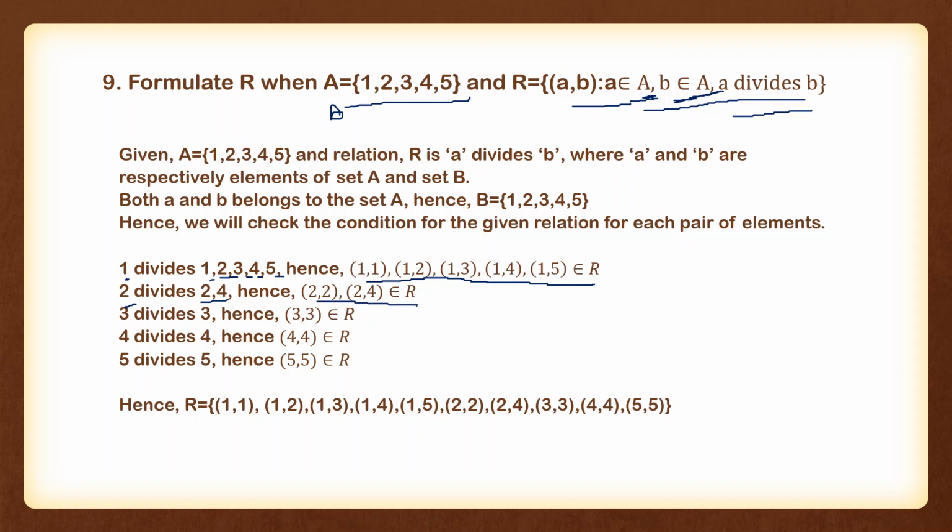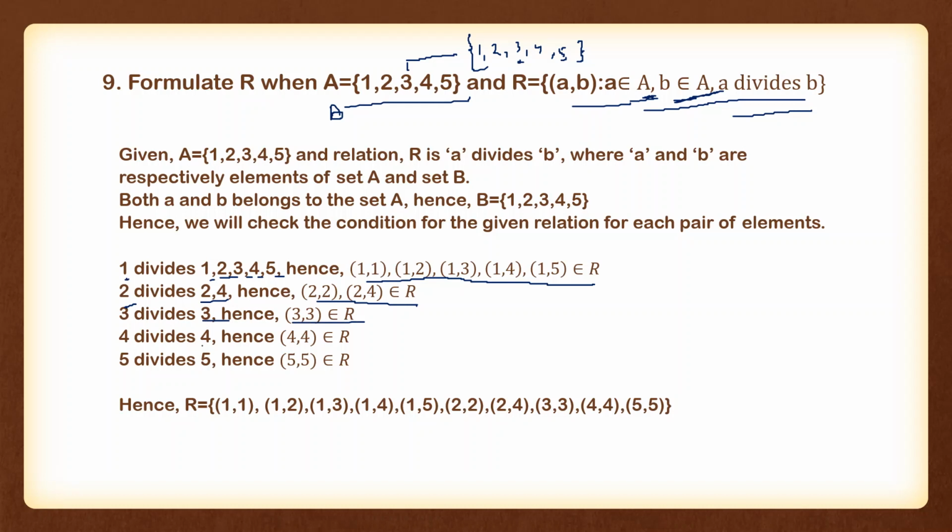Now 3 is compared in the same way. 3 is compared with all, 1 2 3 4 and 5. When 3 is compared to the same set, only 3 will be divisible. So 3 divides 3, that means only 3 3 belongs to the relation.